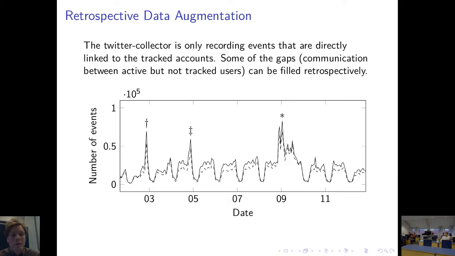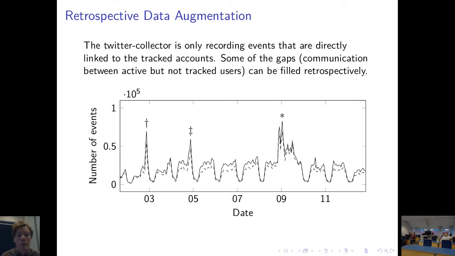The first one is during a debate between the major candidates in the UK election, the leader for the Conservative Party, Theresa May, and the leader for the Labour Party, Jeremy Corbyn. And the second spike here is a speech from the Prime Minister, Theresa May. And the third big spike there is the night of the election.